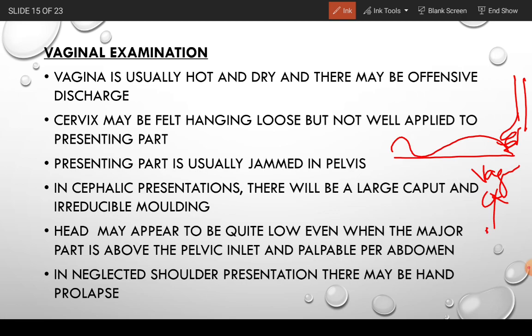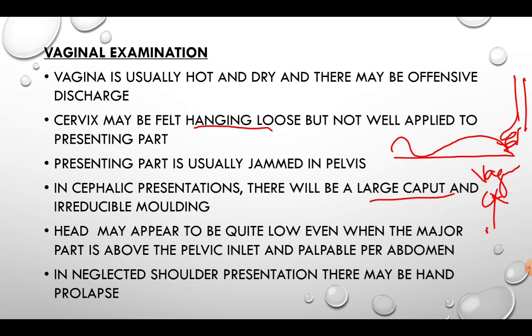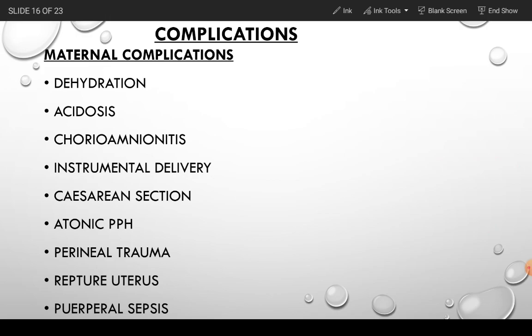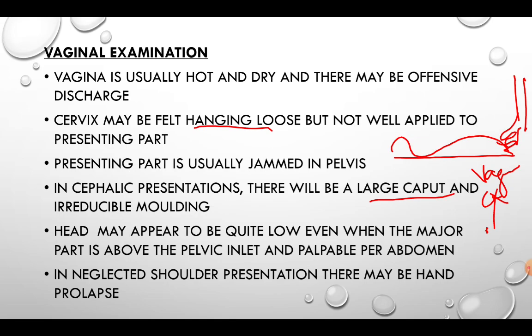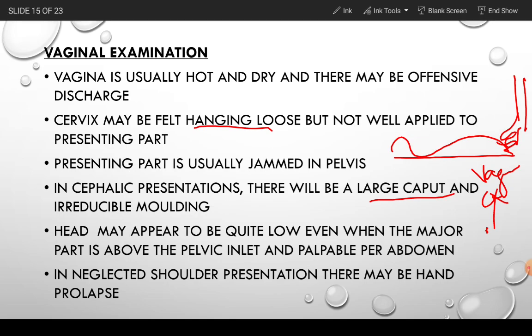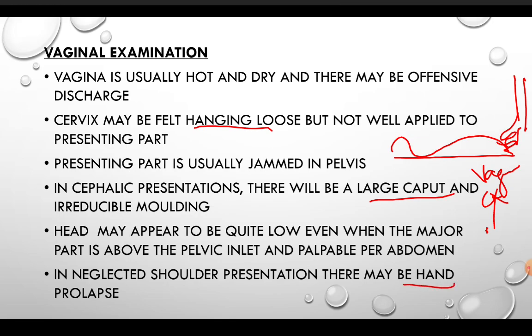So vagina is hot, dry, maybe there is offensive discharge, and cervix may be felt hanging loose. In cephalic presentation, there may be a large caput. So in case of a shoulder presentation, you can see there may be hand prolapse.